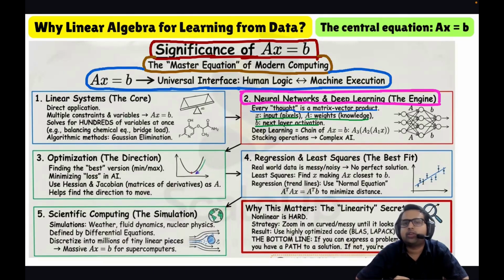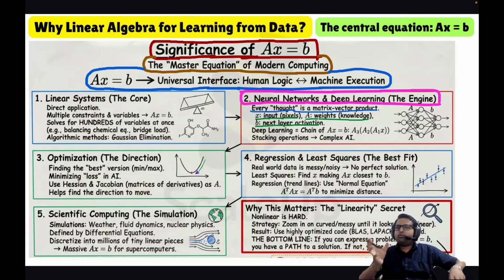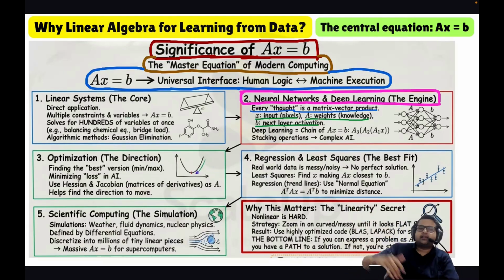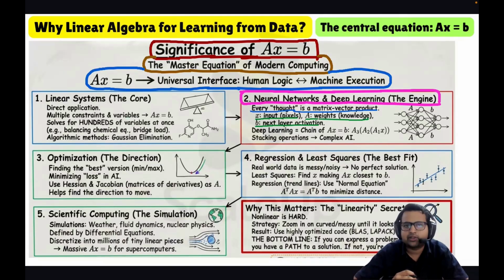When I multiply the input with the weight matrix, the output I get is b, and I send it to the next layer. So Ax = b is the engine of the neural network: x is the input, A is the weight matrix, and b is the next layer activation.